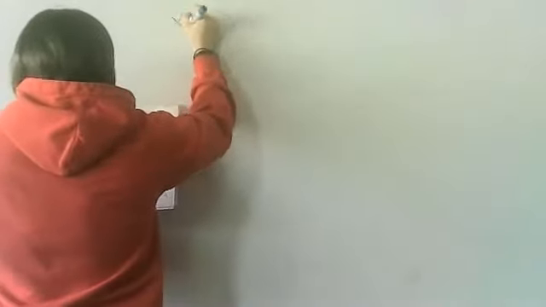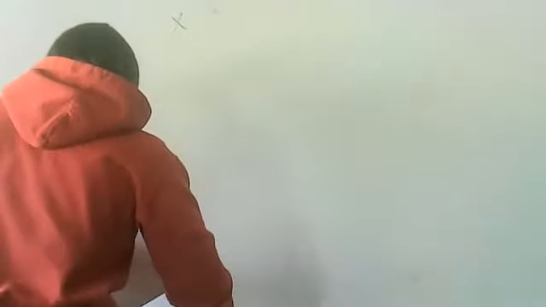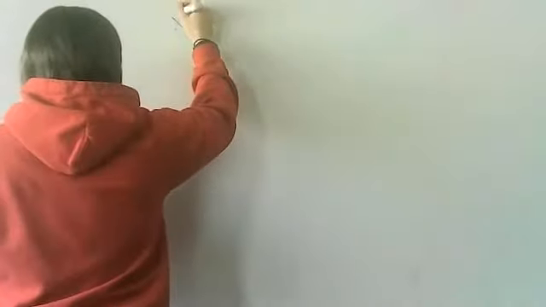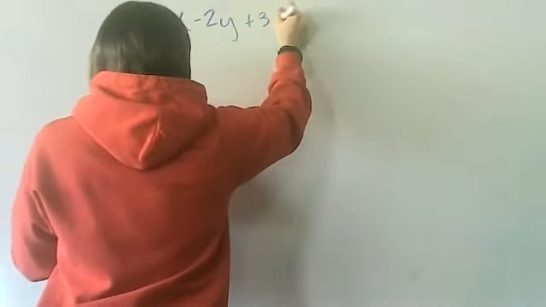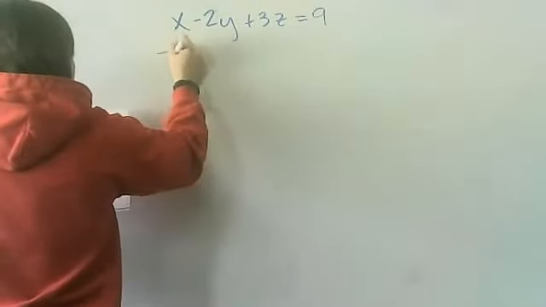The first thing in trying to use matrices to solve systems of equations is that we first have to be able to write that system of equations as a matrix. So let me give you the following: x minus 2y plus 3z equals 9.